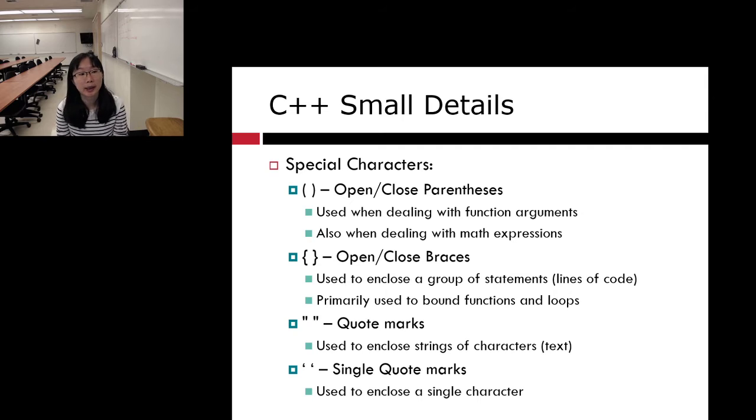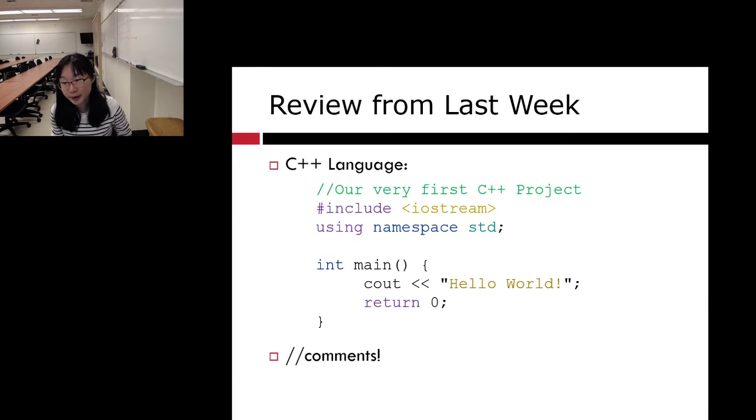Also, last week we discussed a little bit the special characters when we write our code. For example, the parentheses are usually used first to put your arguments, and second for some math expressions. In this example, after the keyword main, I have parentheses, and this place is used to send arguments to the main function.